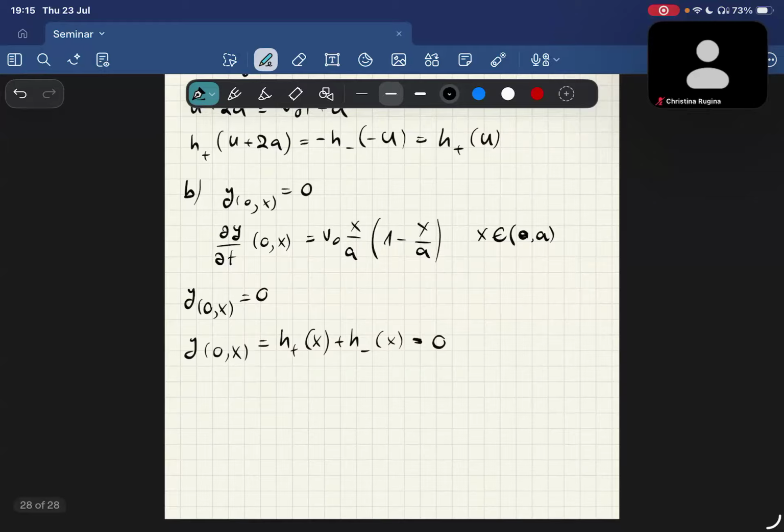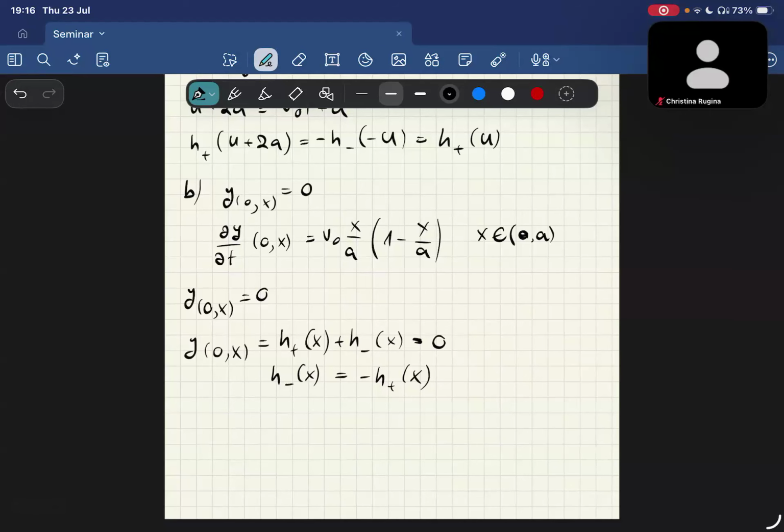This means that h minus of x is equal to minus h plus of x. Even more conditions between h minus and h plus. Okay, this wasn't very helpful, but we can get a very explicit form for h from the initial velocity.